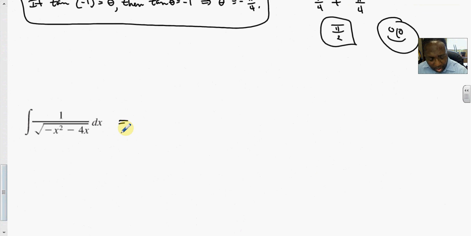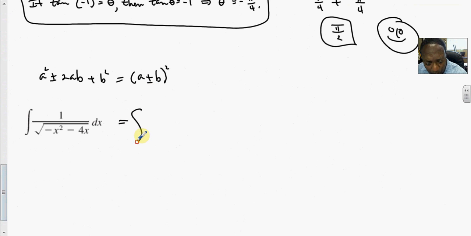Because typically in completing the square, you want to form something like a squared plus 2ab plus b squared, to be able to produce some a plus b to be squared. And this could be plus or minus, right? So we need to build what we want.